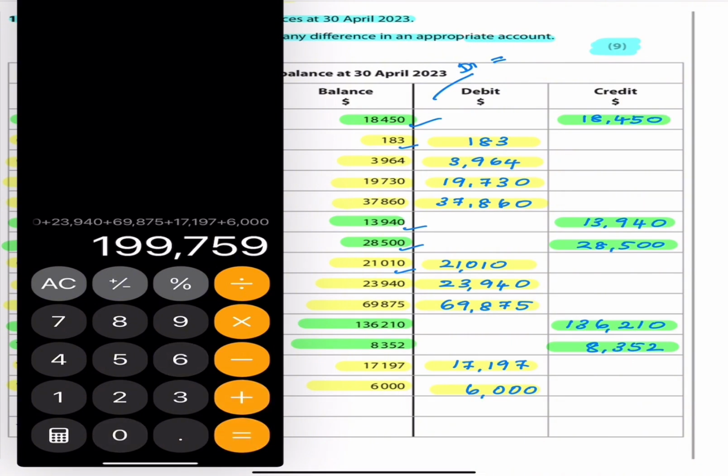Therefore, the debit total is 199,759. Now let's total the credit side.